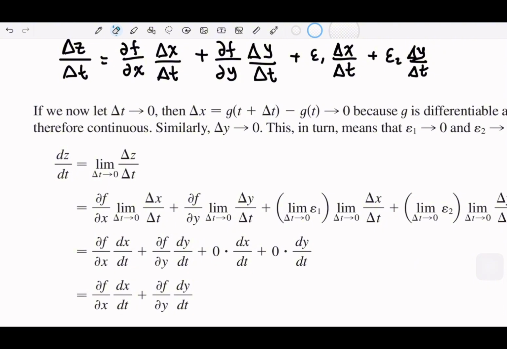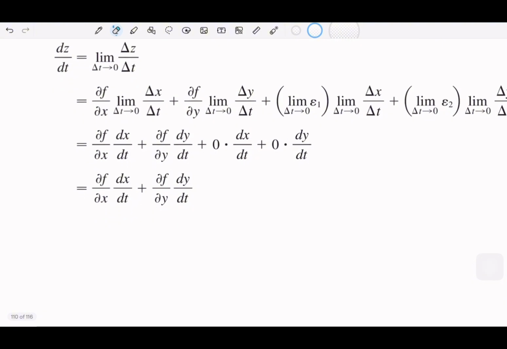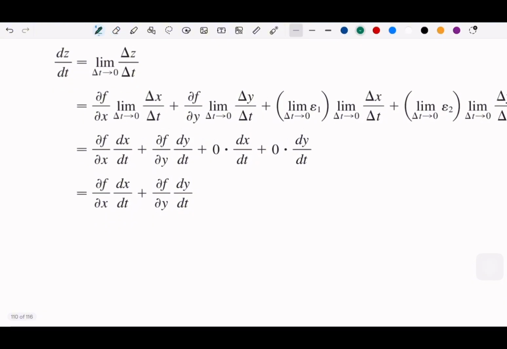So this will be our approach for the general partial derivative, especially for a function of two variables. We can write this as usual, or simply we can also rewrite it with z instead of f.